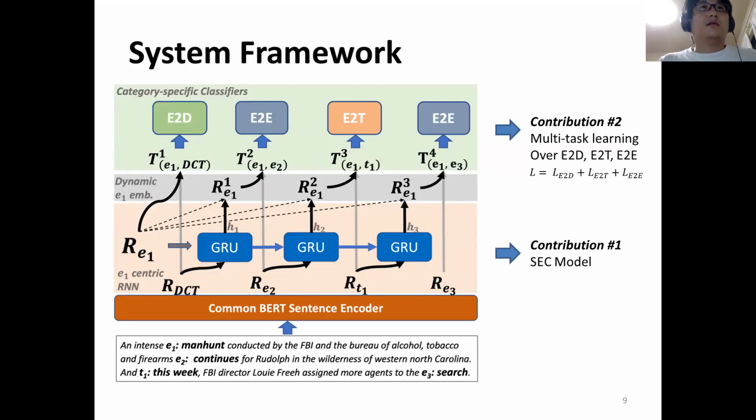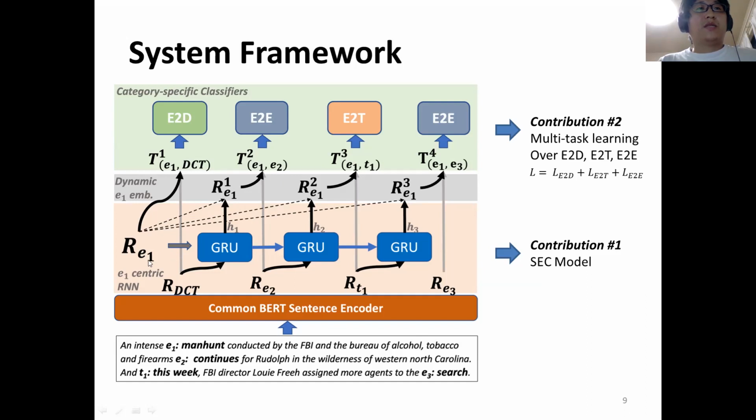So this is the overall system framework. At the bottom, we input the original word sequence into a BERT encoder. Then we retrieve the representation of all the mentions located in this piece of text. E1 is the representation of manhunt, E2 is continued this week, E3 is search.